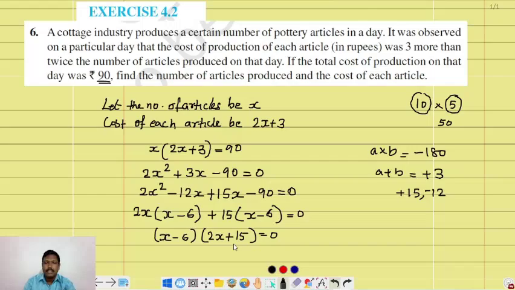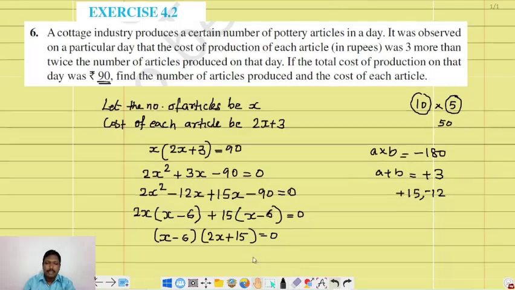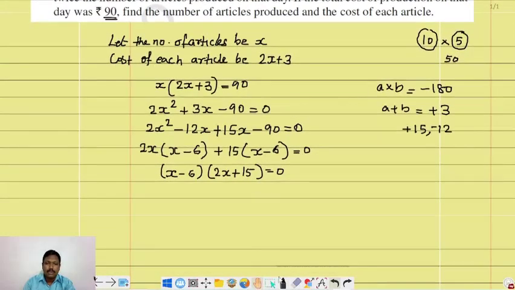So you can solve this. By solving, you will get x minus 6 is equal to 0. So x is equal to 6.